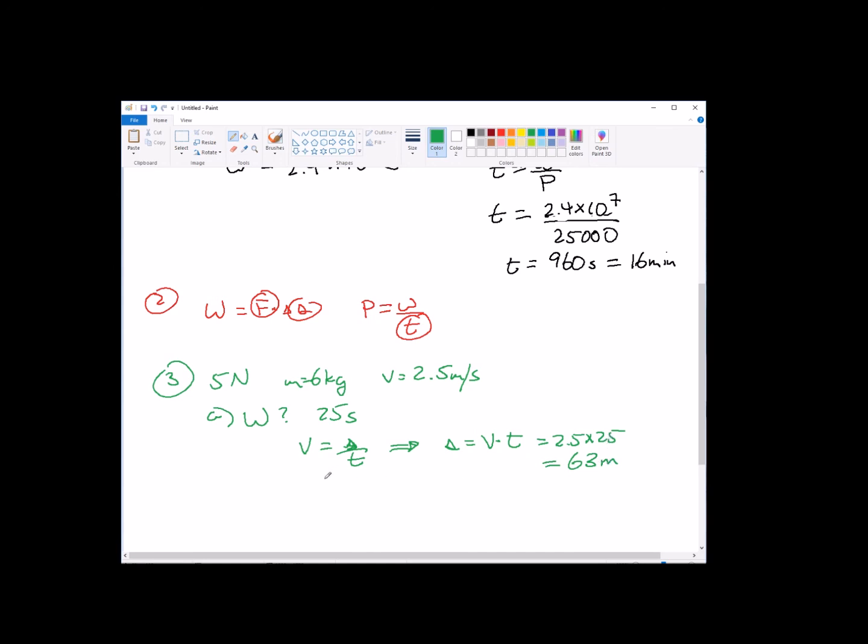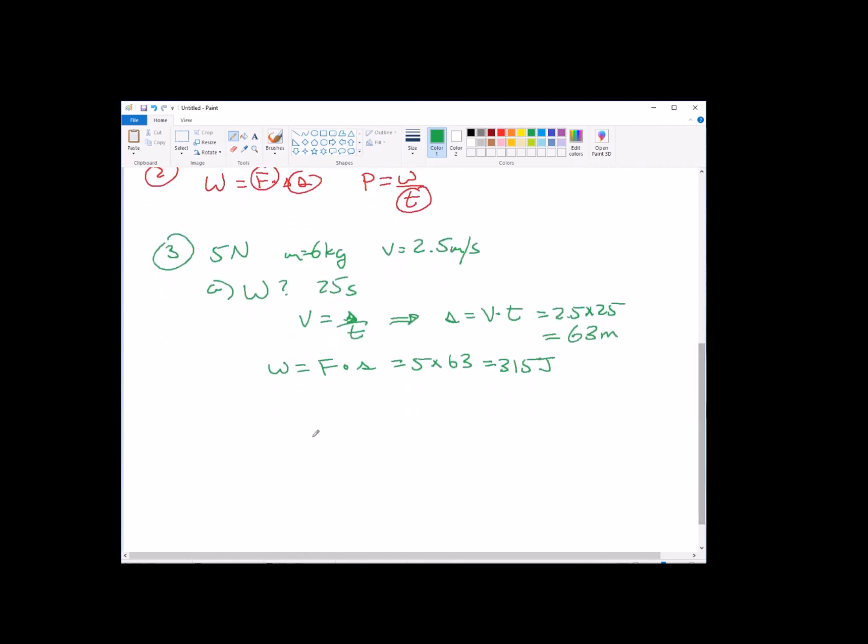Now that we have the meters, we can figure out the work is equal to F times the displacement, so 5 times 63, and there's no cos of the angle because it is horizontal, so it's 315 joules. Okay, that's part A. Part B says, what is the power generated?